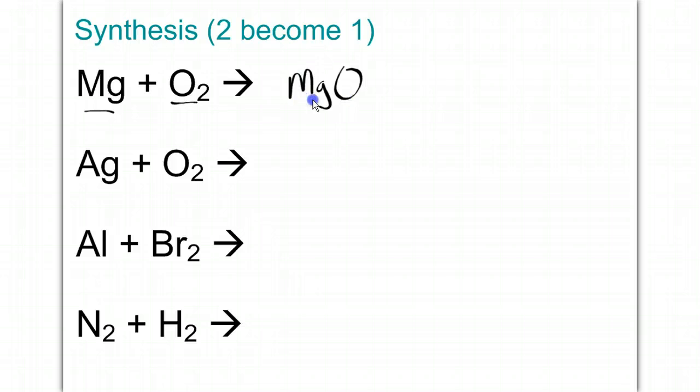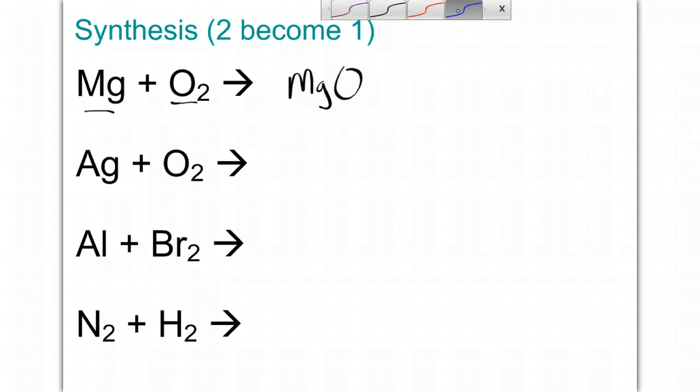We use the charges to determine our numbers on the right side of the arrow. So do not carry this 2 forward. Don't carry forward numbers. Now I'm going to notice that magnesium oxide is ionic, so I need to check the charges. Magnesium is +2, oxide is -2. They will cancel, leaving me with MgO as my final answer.